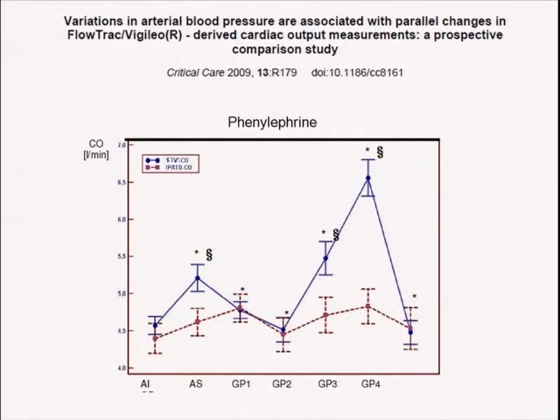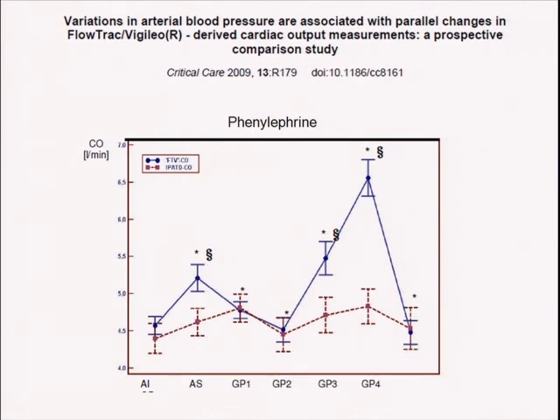And then when they looked at changes when you changed afterload, was this device adequately able to track cardiac output? And you can see what happens. So this is the FlowTrack device. This is transpulmonary thermodilution.